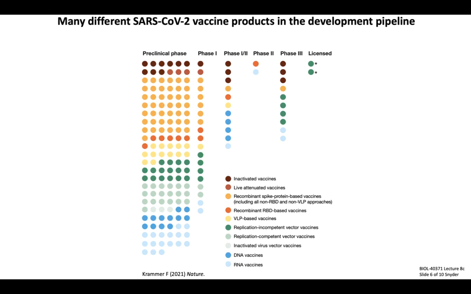This figure is from a review article that was published in October of 2020, which means that it's already out of date. But I think that it's helpful in illustrating just how many different vaccine products there are in development for use against SARS-CoV-2. Vaccine candidates have been generated using almost every type of antigenic component that we've learned about in this course, and there are hundreds of candidates spread out between all phases of the vaccine development pipeline.